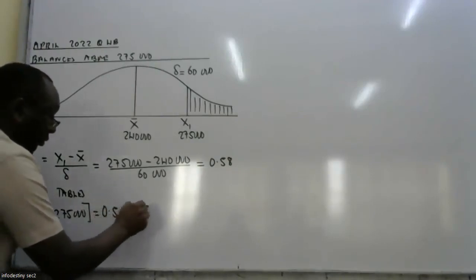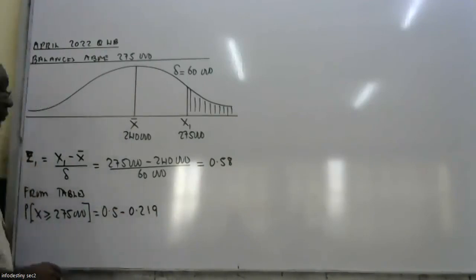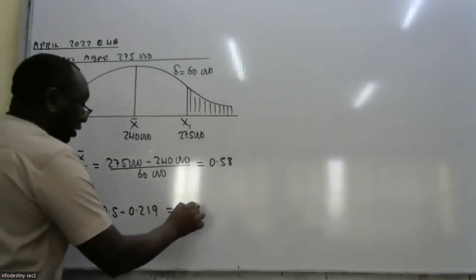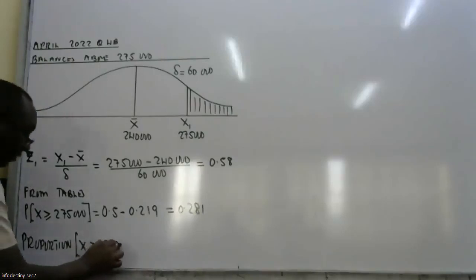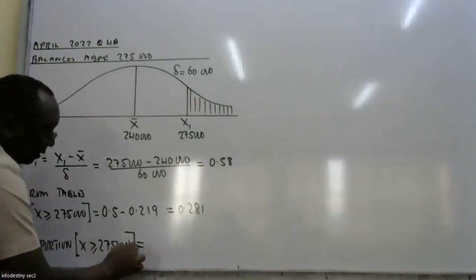0.219. 0.281. So when they ask for the proportion that X is greater than or equal to 275,000, proportion is just like the percentages.